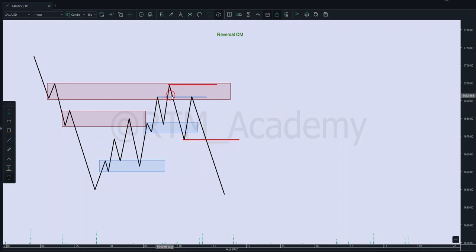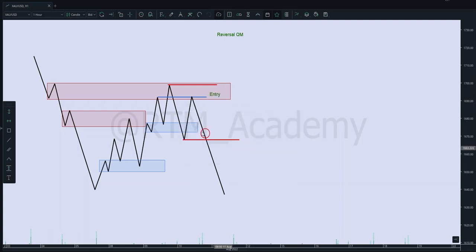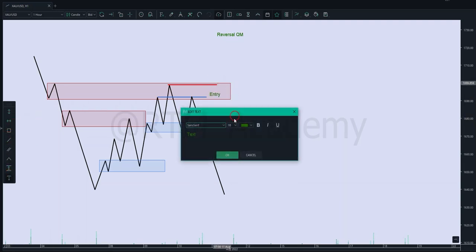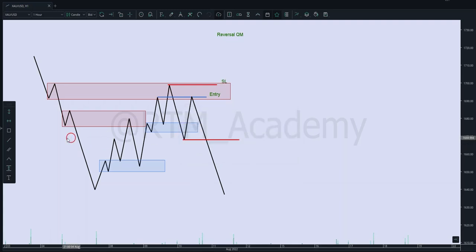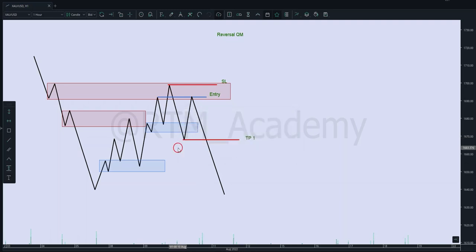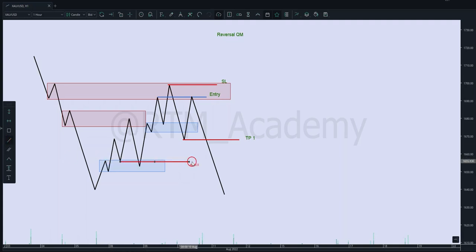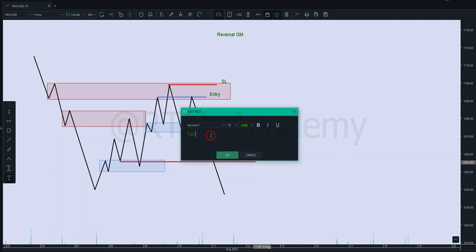So here is our entry, here is our stop loss, and here is our first take profit, TP1. And you know, this area can be our second take profit, and it is also a QM level on the opposite side. It can be TP number 2.